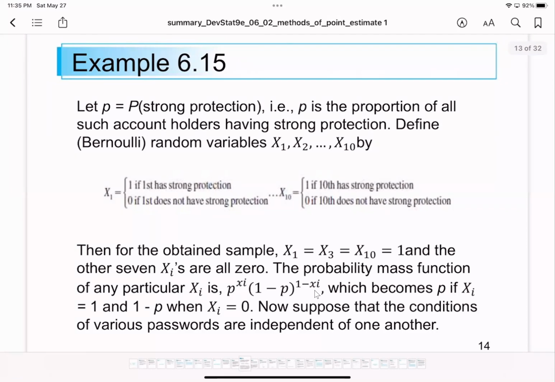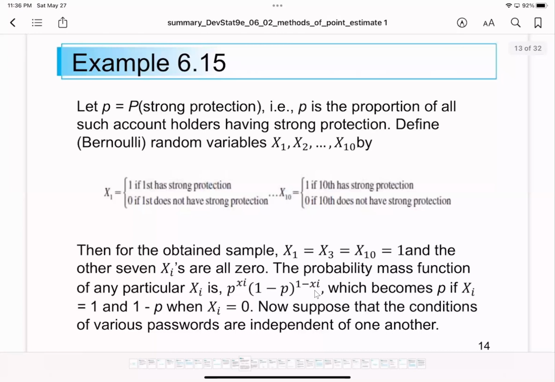So for this case, what we observed are discrete data, binary data, and they are all independent. And if we consider the probability distribution of these 10 persons' passwords, whether they are strong or not, we will have a computation like this. Say the first person's password is strong, so we have the probability of X1 equals 1.